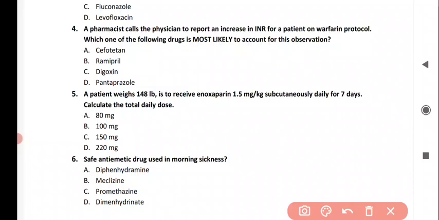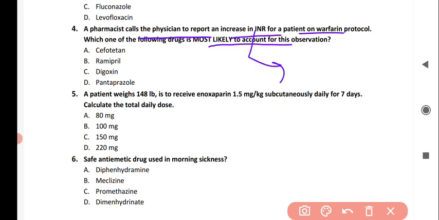So the next question is, a pharmacist calls the physician to report an increase in INR for a patient on warfarin protocol. Which one of the following drugs is most likely to account for this observation? In this question, they are asking that a patient who is on warfarin medication has been seen to have an increase in INR.